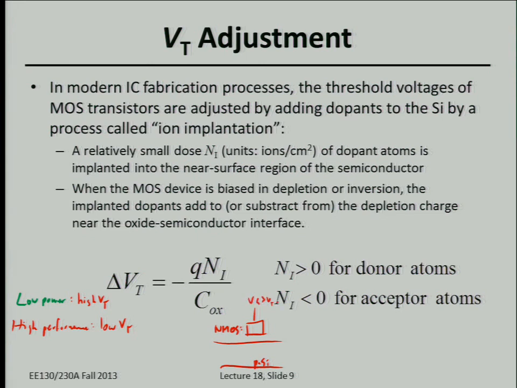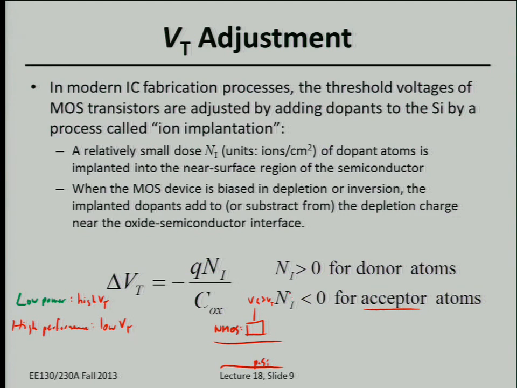If you want to increase the threshold voltage, would you want to make the surface more P-type or less P-type? Well, if you want to make it harder to form an inversion layer, yeah, more P-type. So you want to add more acceptor atoms.